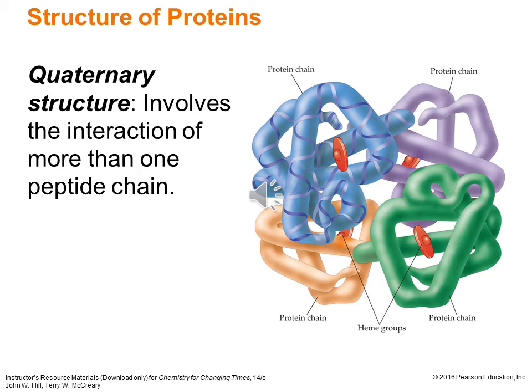So each individual protein chain has its primary, secondary, and tertiary structure, and then these four different subunits come together to give rise to the quaternary structure, the final overall structure of the protein that allows it to function in the way that it does.